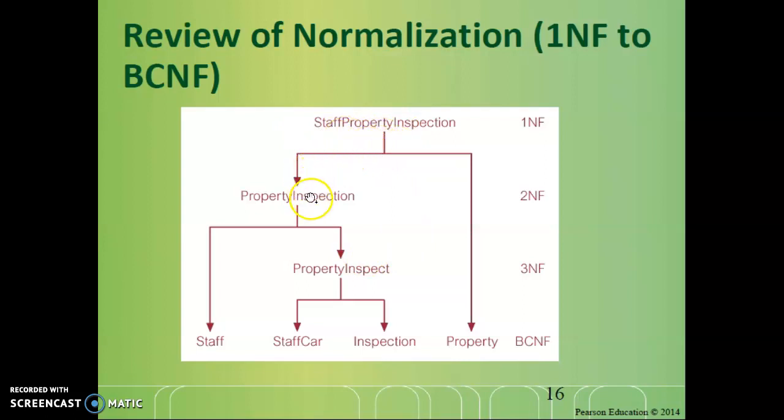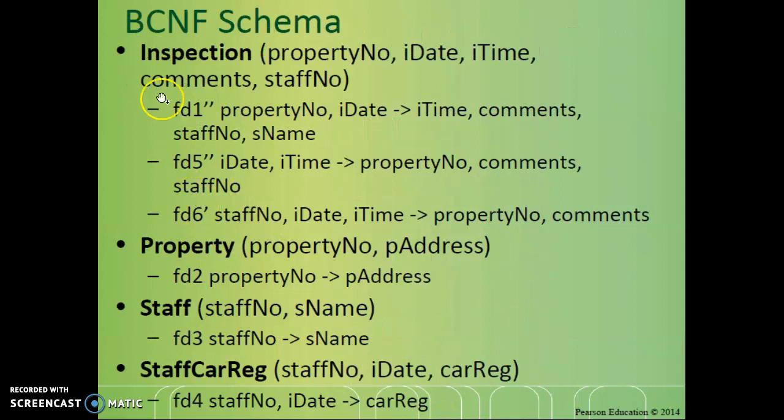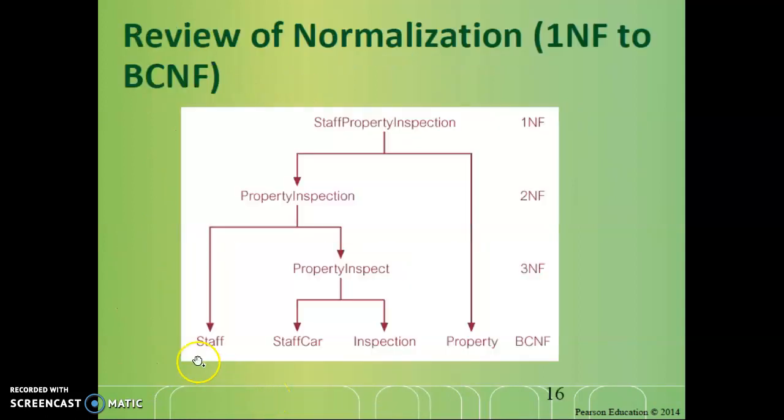We converted it into 1NF first, then 2NF, then 3NF, and finally into BCNF. So how many tables do we have in BCNF? Inspection, property, staff, staff car. These are the four tables we finally got from the original relation after removing all the dependencies.